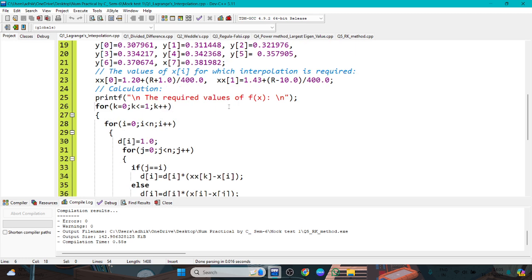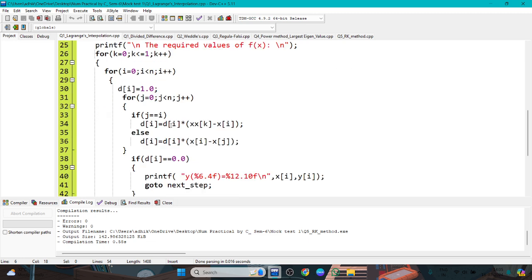Calculation of the required values of f(x): for k equal to 0, k less than or equal to 1, k plus plus; for i equal to 0, i less than n, i plus plus, and di equal to 1 initial value; for j equal to 0, j less than n, j plus plus.